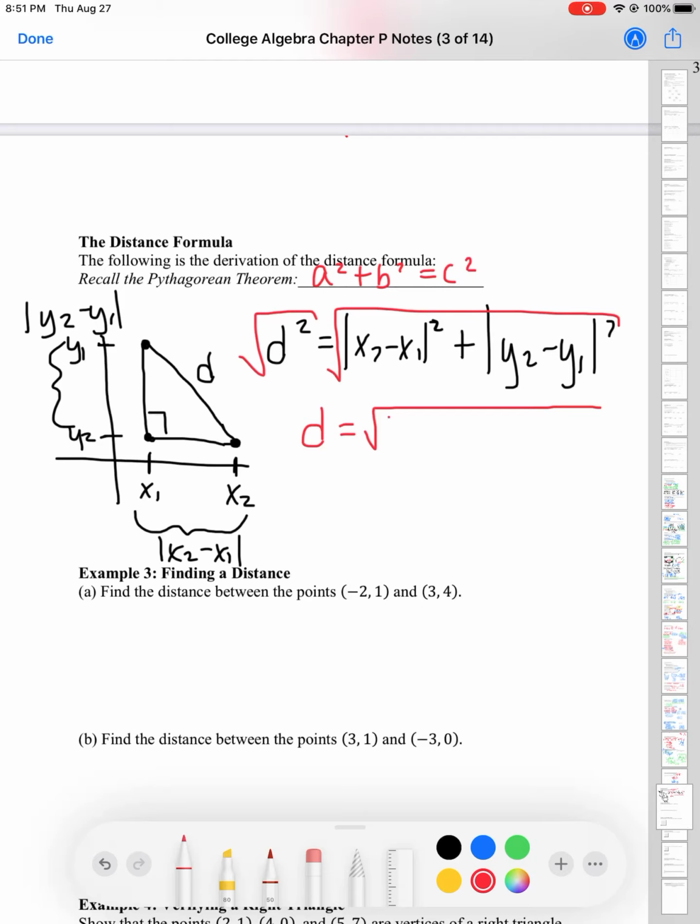So we get d equals the square root of the absolute value of x2 minus x1 squared plus y2 minus y1 squared.